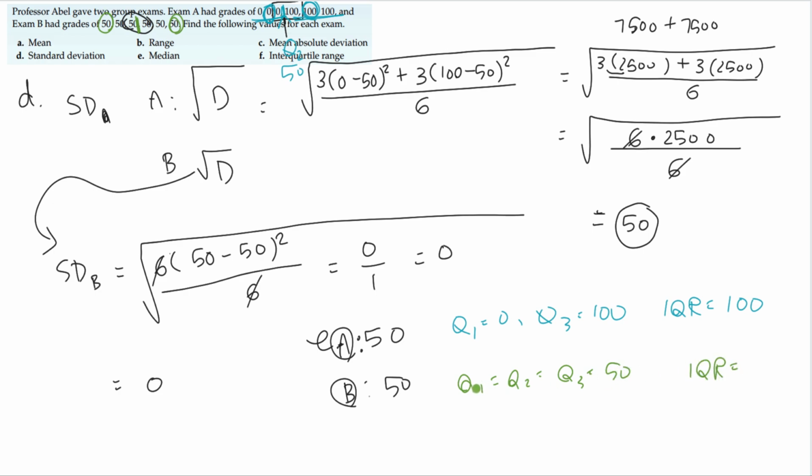Q3 minus Q1, 50 minus 50, it's 0. So for exam B, the interquartile range is 0. For exam A, the interquartile range is 100. So by looking at these values, we get to know that there's a big difference in the values for exam A, but for exam B, not much difference.